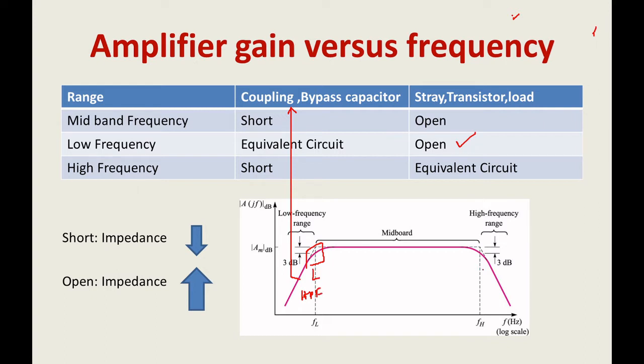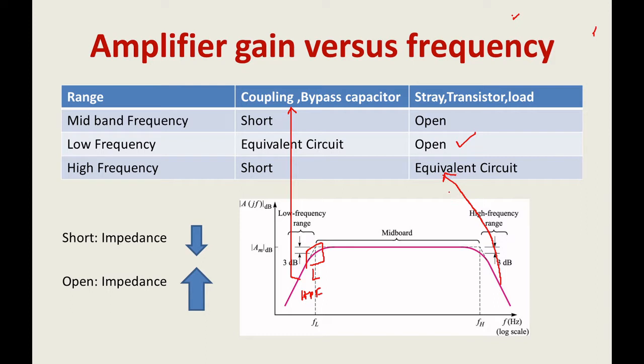When you see the higher frequency, the gain again has a roll off function. Because of which? Because of the stray, transistor and load capacitance. These are the three capacitors which will push your gain down.